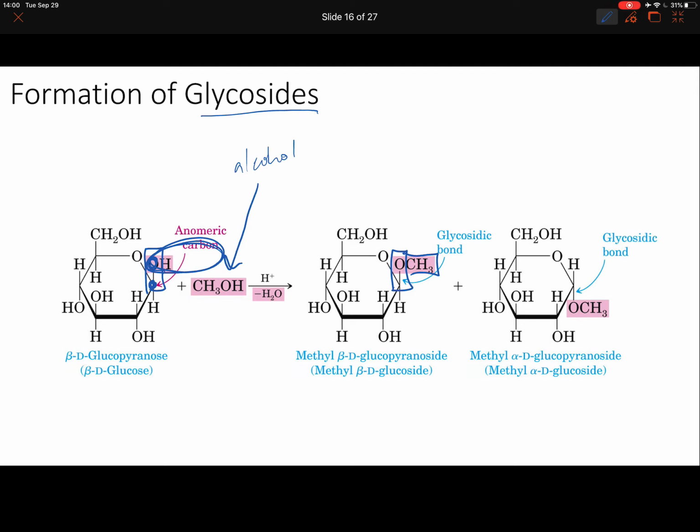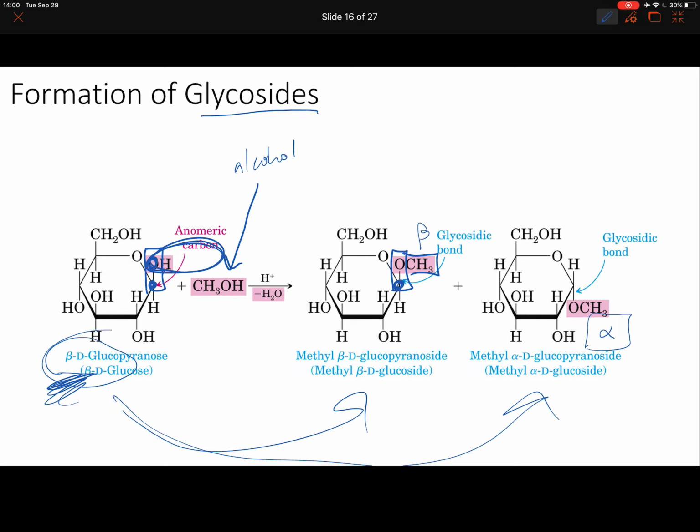And again, that group that formed can still either be up, beta, or down, alpha. It's completely random the way that it happens. Starting with a beta doesn't only get you a beta, you still get a mixture of the two, because once this beta reacts, you lose that beta-ness during the reaction.